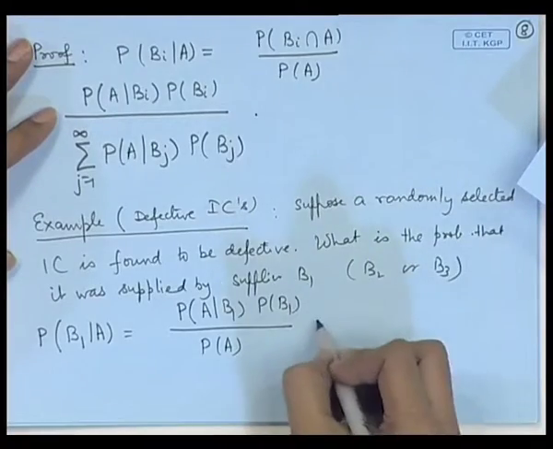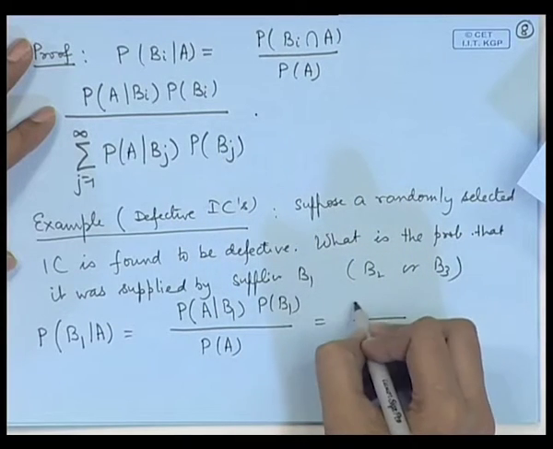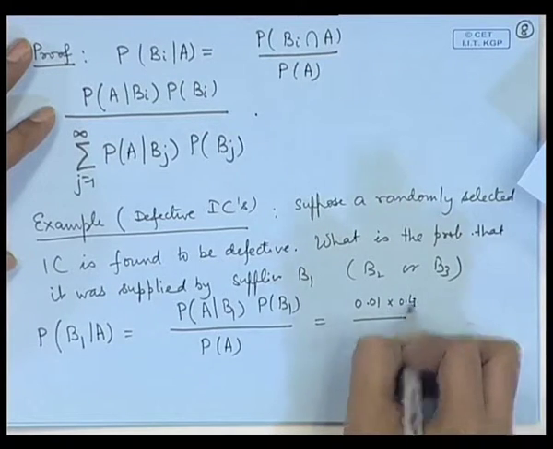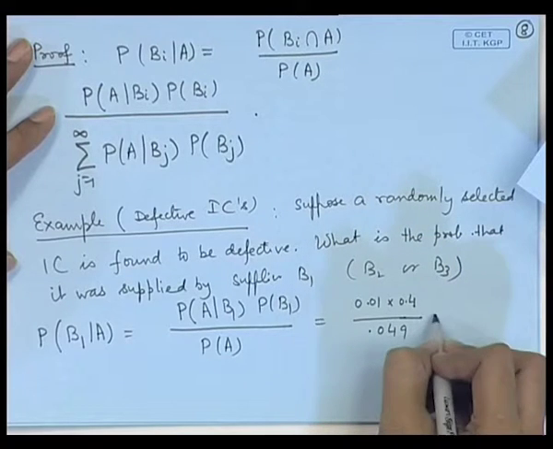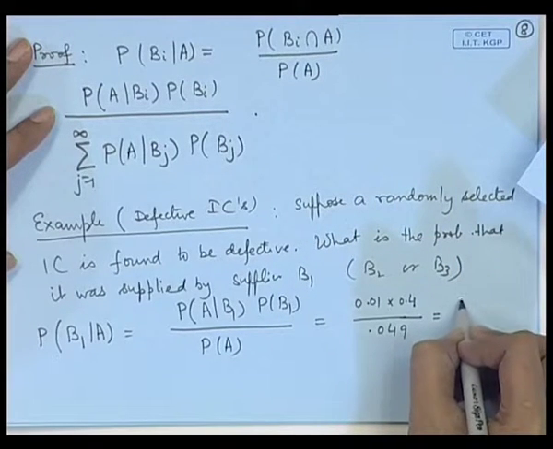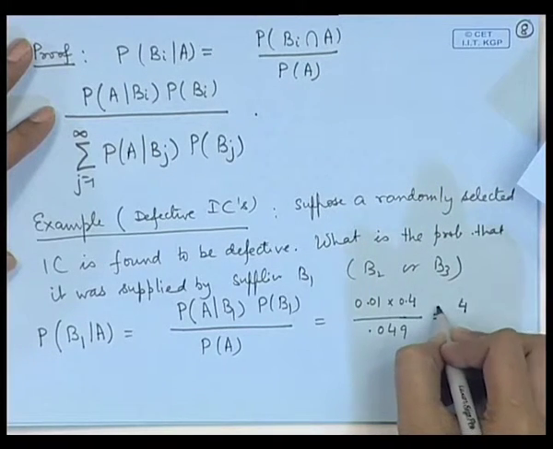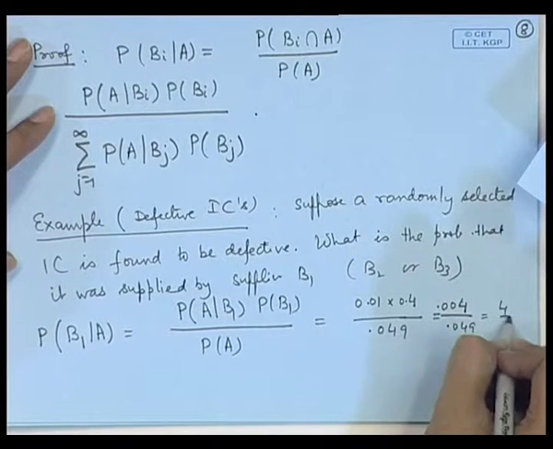So, it becomes simply probability of A given B 1, that is 0.01, into 0.4, that is the probability of B 1, divided by 0.049, so it is 0.004 by 0.049, which we can write as 4 by 49.